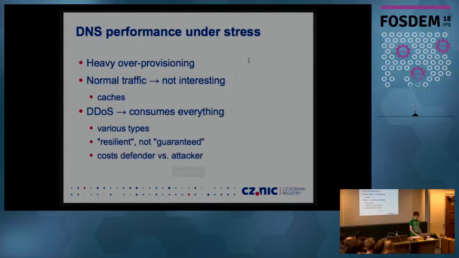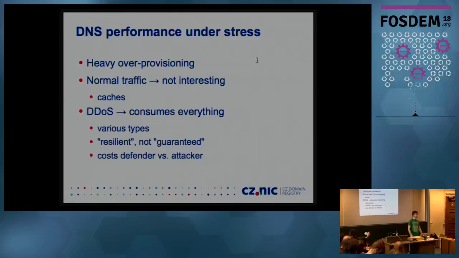So, performance under stress basically means that your infrastructure is under attack. And if you mean it seriously with DNS, there is no other way than to over-provision heavily, which in practical terms means that the normal traffic is not interesting at all, because it's way lower, like one order of magnitude lower, for example, than the traffic you have to handle to withstand some modest denial of service attack, right?